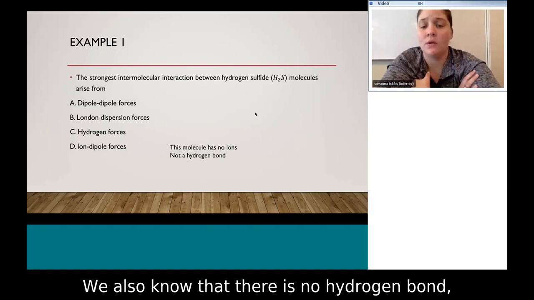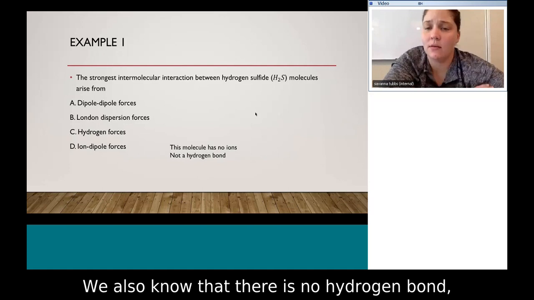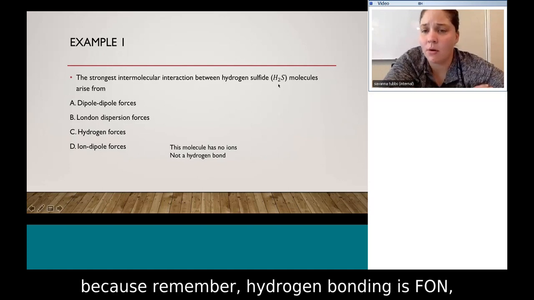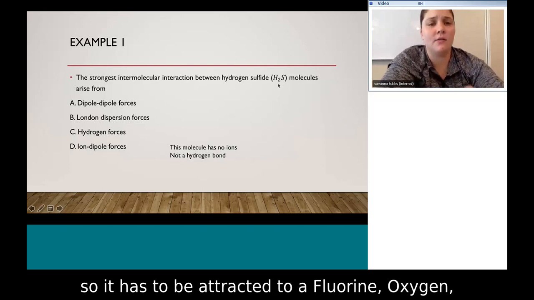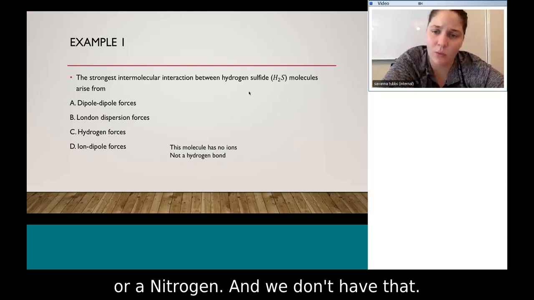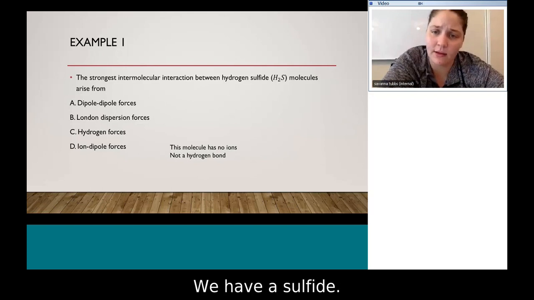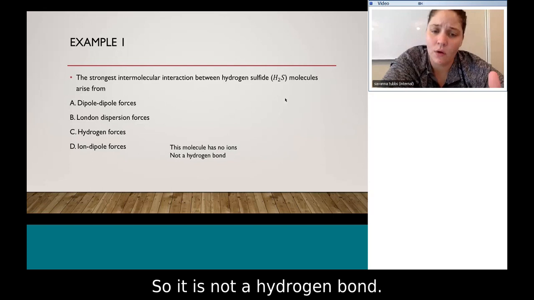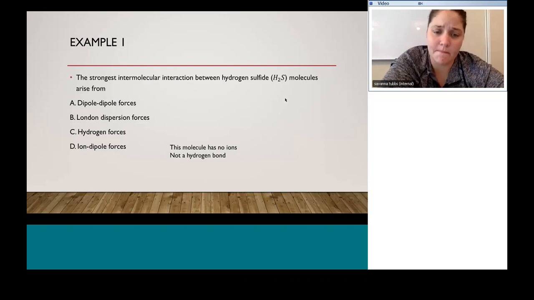We also know that there is no hydrogen bond because, remember, hydrogen bonding has to be attracted to a fluorine, oxygen, or nitrogen, and we don't have that, we have a sulfide. So it is not a hydrogen bond.